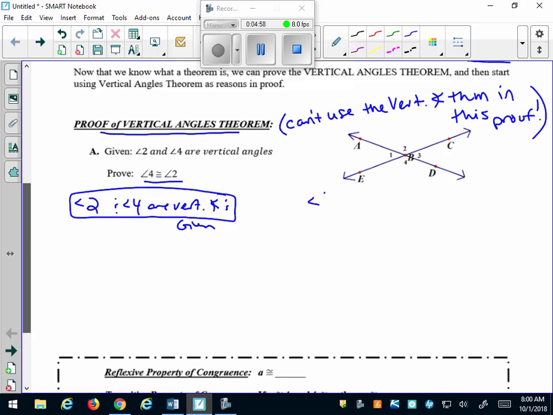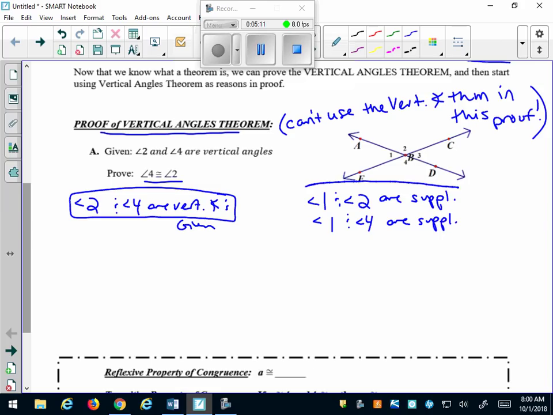So what we're going to do is say angle 1 and angle 2 are supplementary, and angle 1 and angle 4 are supplementary. Now, we could have used different combinations, but these are the two by the linear pair postulate that we want to state.